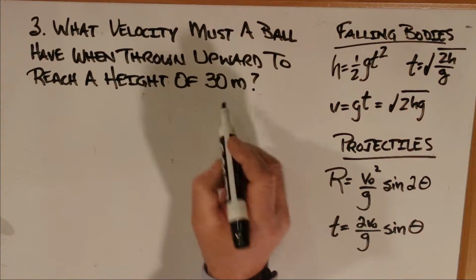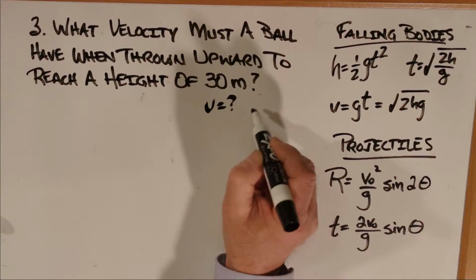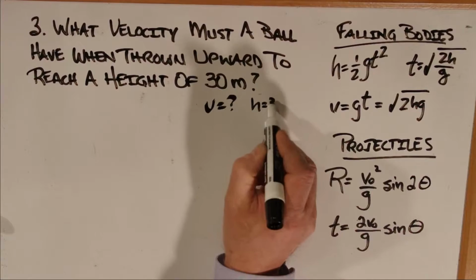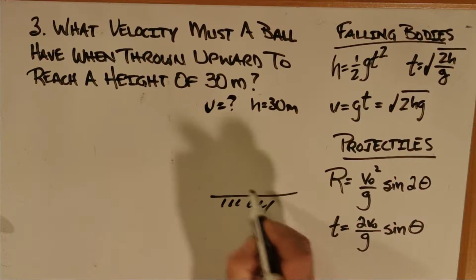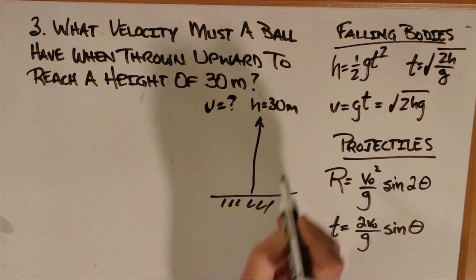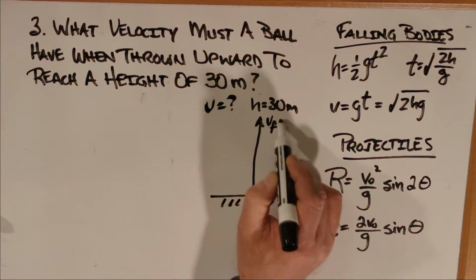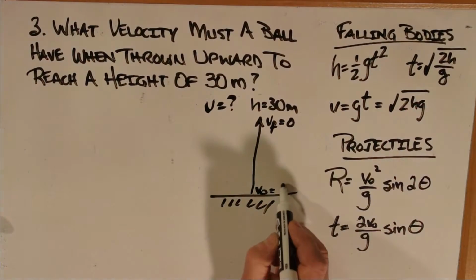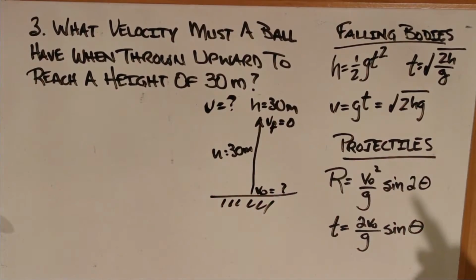Our third problem: what velocity must a ball have when thrown upward to reach a height of 30 meters? This is a terminal velocity question with a height of 30 meters. If you think about it, you're at the ground, the ball going straight up. You know that the final velocity is 0, and you want to know v sub 0.